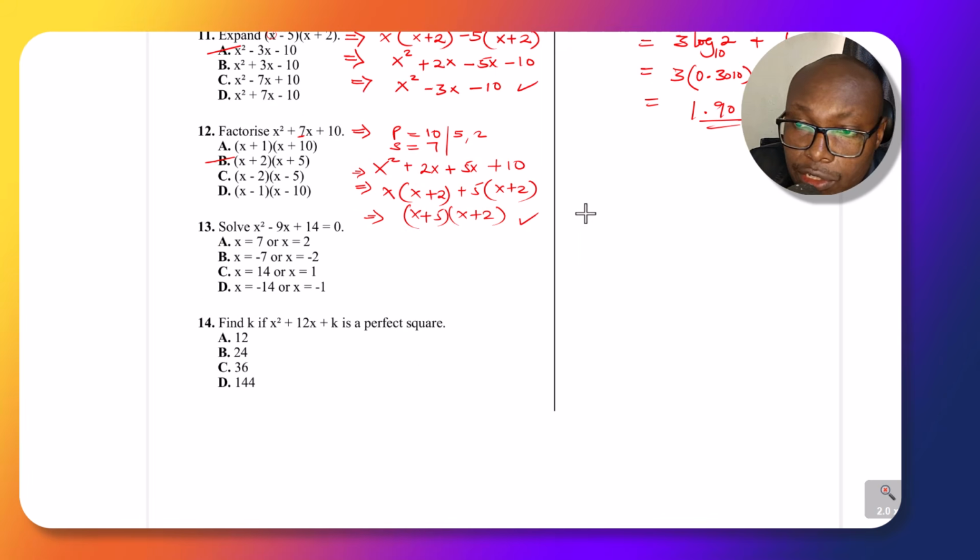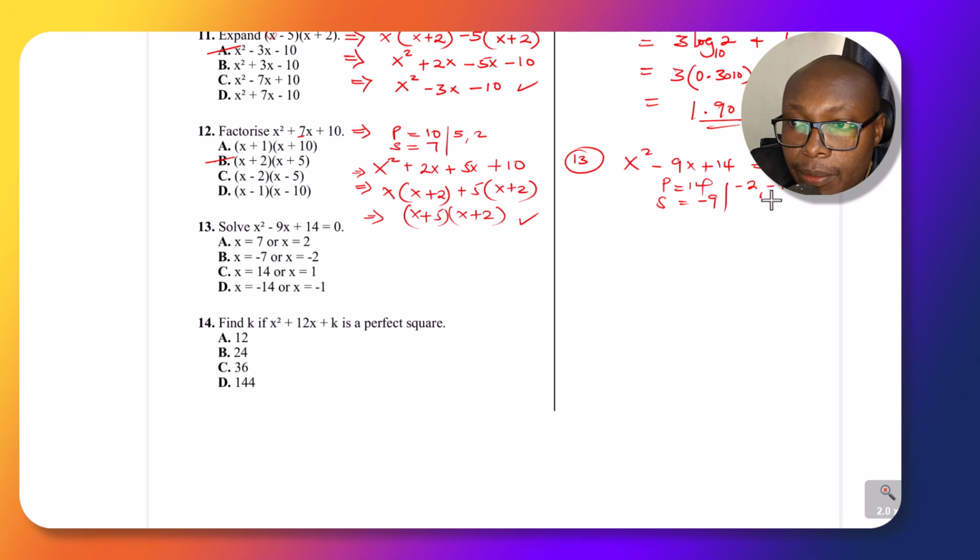For question 13, you're supposed to solve this. So for us to solve this, again, we need to first factorize. And we factorize by getting two numbers whose product is 14 and sum is -9. So which are these two numbers? These numbers are -2 and -7.